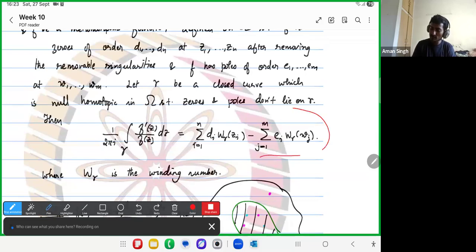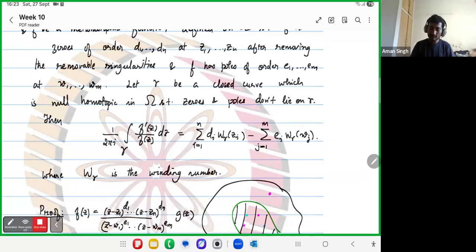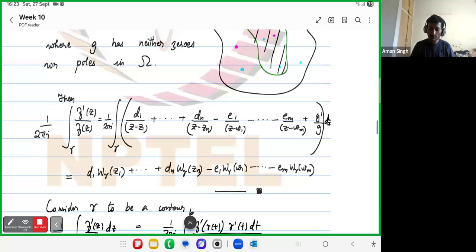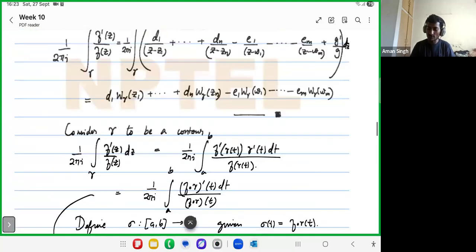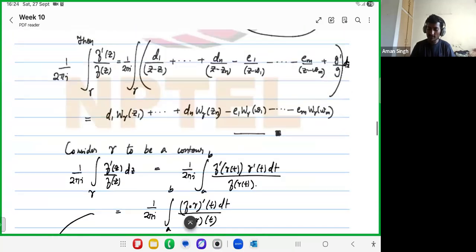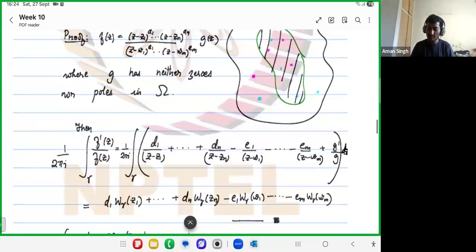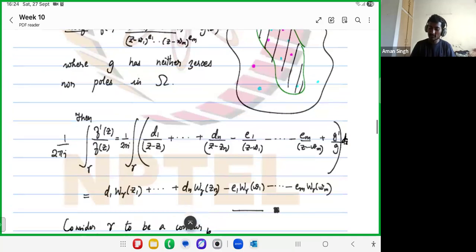This part will be zero if the function is holomorphic in the domain, and this integral will only count zeros, all the zeros counted with multiplicity. So this will be some integer number. We are not going to see the proof again for this, but we assume that you have gone through the class and it is very easy. So this is a one line kind of proof.